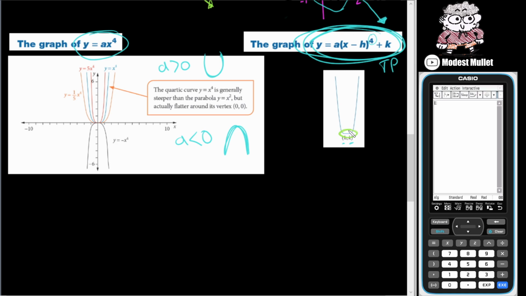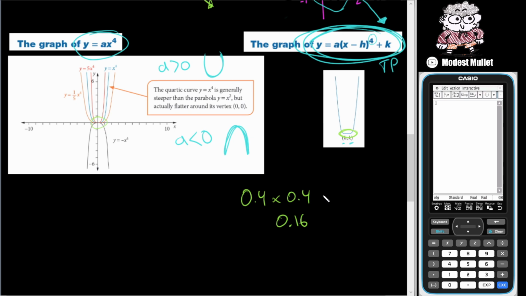You need to think about what is happening to, say, small x values, especially around here if we're looking at a non-translated one. What happens when you put a small decimal to the power of 4? Well, a small decimal times a small decimal gets smaller. Like 0.4 times 0.4 actually becomes 0.16. They get smaller in size.